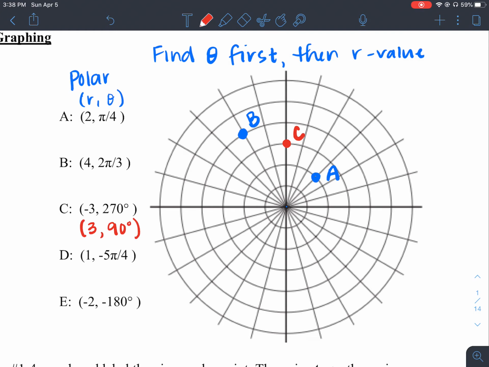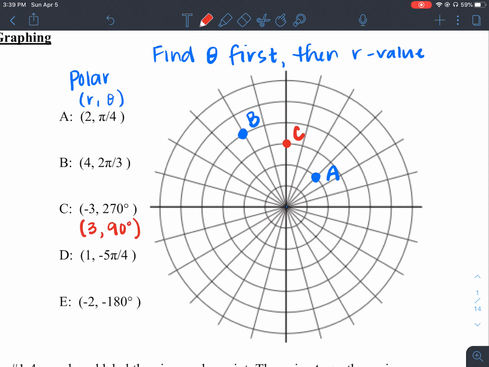So unlike in our rectangular Cartesian system, our x comma y point system, where points are unique, in polar coordinates there is more than one way that you can write a point. You can write it by going from a positive radius to a negative radius and changing the angle, or by adding extra rotations to your angle. All right, 30 degrees and then 390 degrees are going to put you in the same spot.